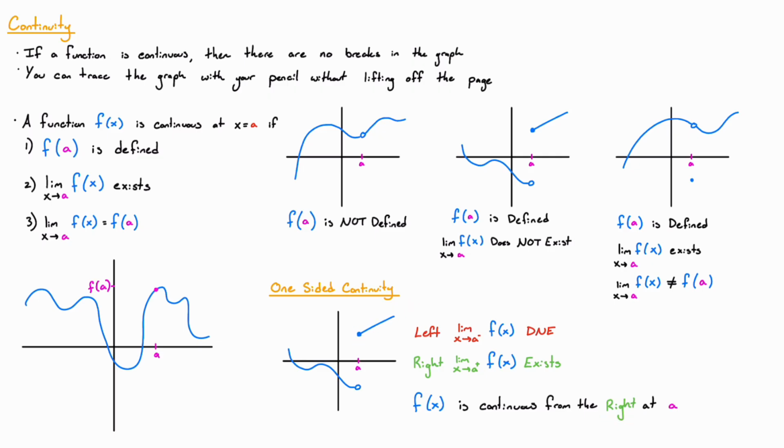One-sided continuity is if you're looking at a particular range. So here I'm looking at, okay, is this graph continuous up until the point at a? It's only continuous from the right because this point is closed. This graph is not continuous from the left because we have an open circle.